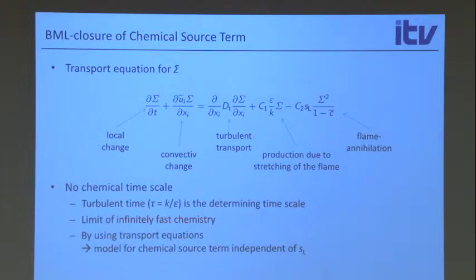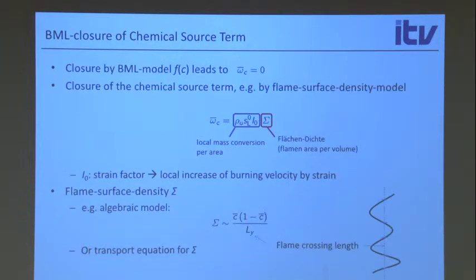If I multiply this by SL, then here I have SL times sigma. Let's call this F, and then here I have SL times sigma F, and this is F squared. So I can solve this equation for F without knowing the value of SL, okay? And then here you see SL times sigma, again, is just F that's appearing here. Then I can also evaluate this source term without knowing the value of SL, okay?